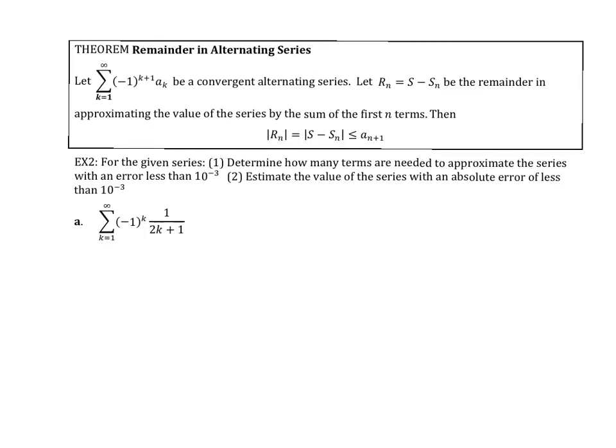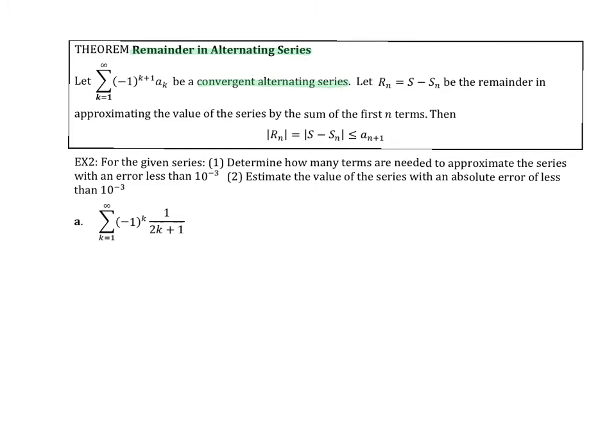The next thing we want to talk about is the remainder in an alternating series. This theorem we're going to look at only works for alternating series, and that's really important. So let's just assume we have a convergent alternating series.